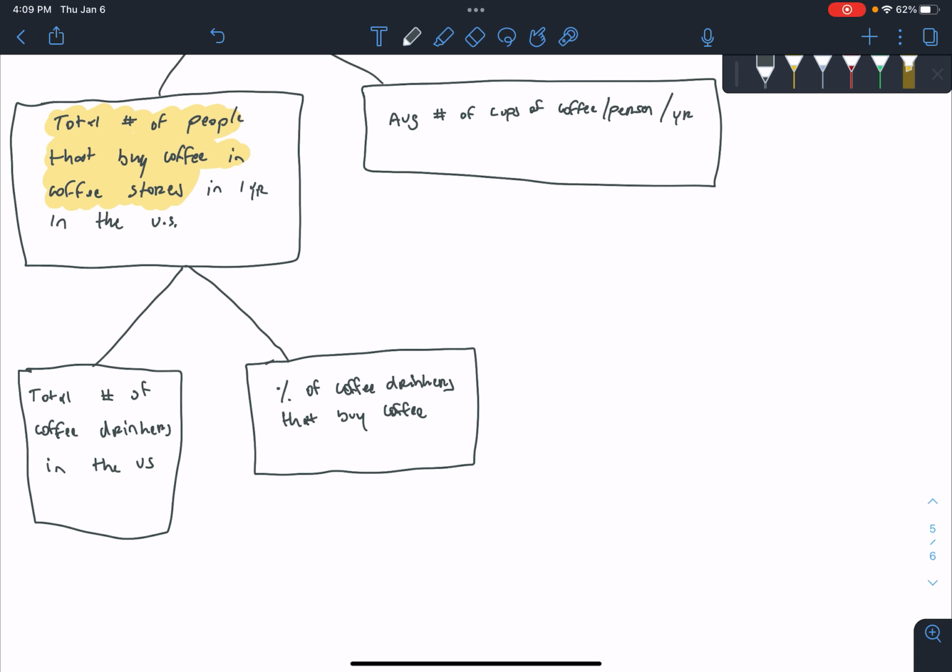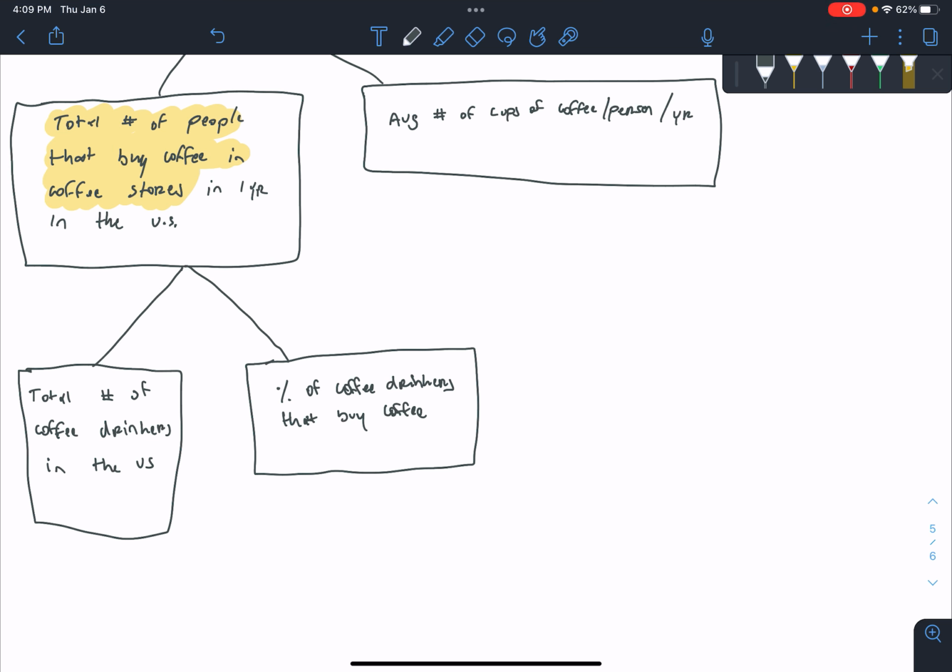But for the sake of this demonstration, we're not going to pay too much attention to that subpopulation. And as a note, if you were to pay attention to that subpopulation, it would take a lot more time suddenly. And I can explain that as we build out this tree a little bit more and we're writing in the numbers. I can explain why it'll take a lot more time if you want to look at people who are both buying coffee and brewing it at home.